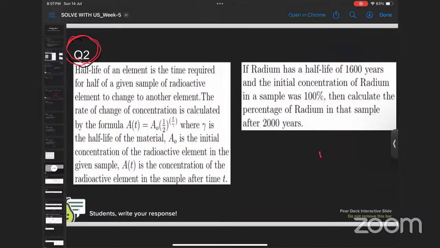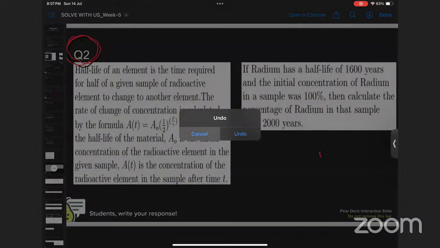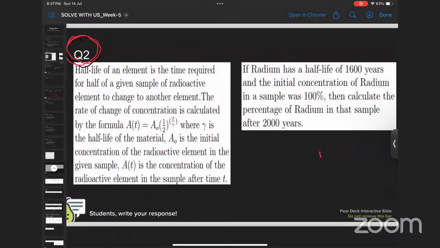Okay, so take 2 minutes to solve it. What is the code for joining the PDF? Okay, you don't need to put any code here. This is just a PDF format. You just have to answer in the chat box.